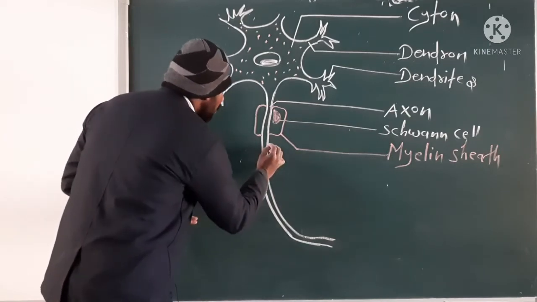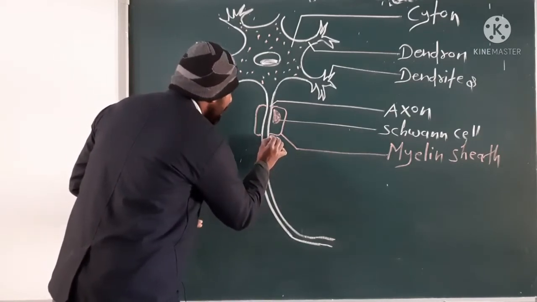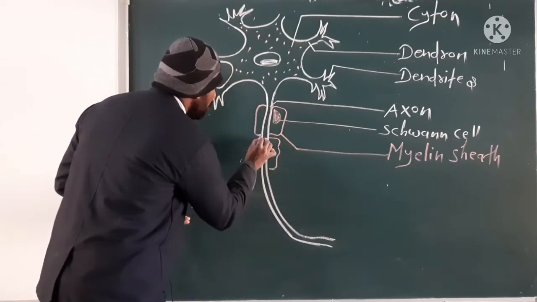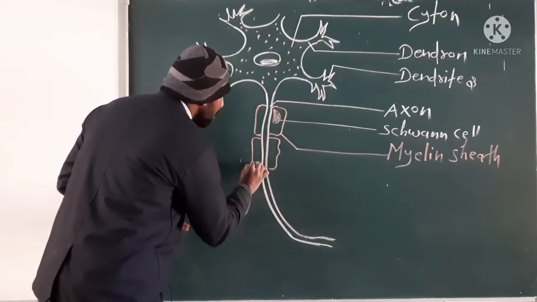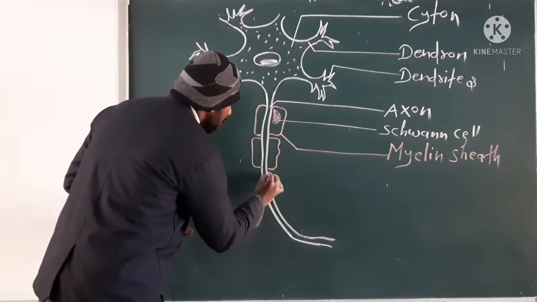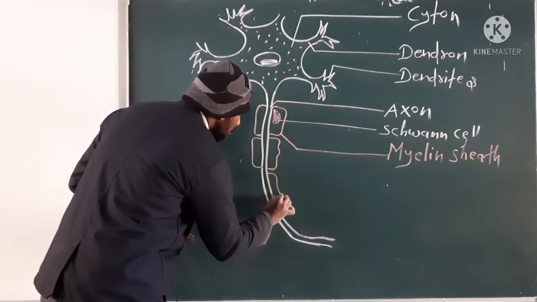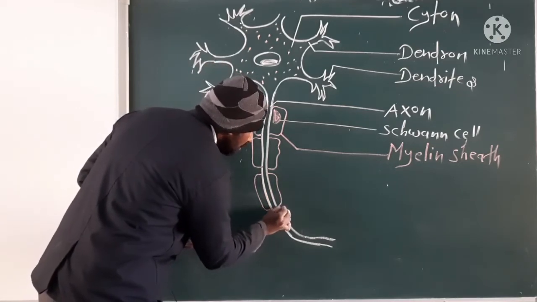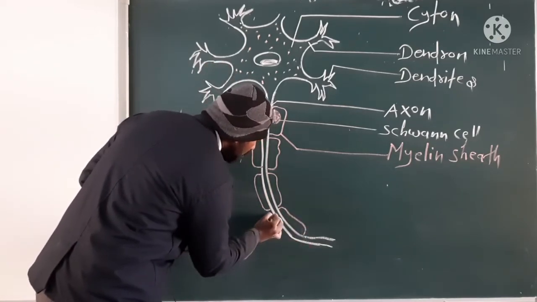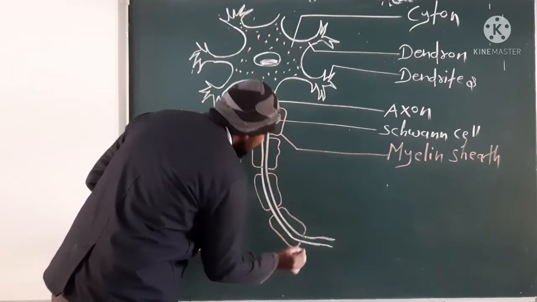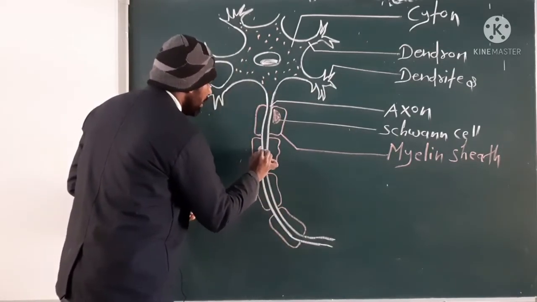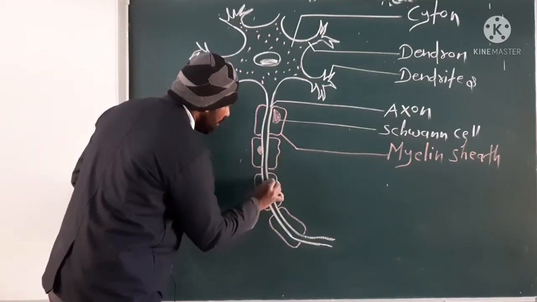So once again I am drawing here, and they are at intervals, beta. At intervals, this myelin sheath is present in some of the neurons. So here we are going to draw this myelin sheath with regular intervals. We can do this, and the Schwann cell is present at any one side of this neuron.